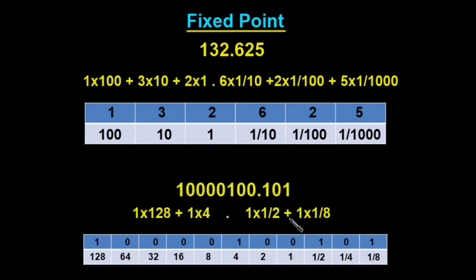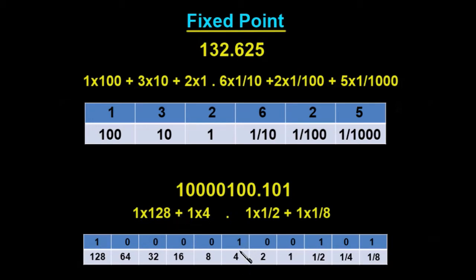Instead of taking the values of units, tens and 100s, it starts off taking the units, but then it goes to 2, 4, 8, 16, 32, 64, 128. And we can use this to represent the 132, because the 132 is going to be 128 plus 4. So we'll have a 1 here and a 1 there, so it's 1 times 128 plus 1 times 4.